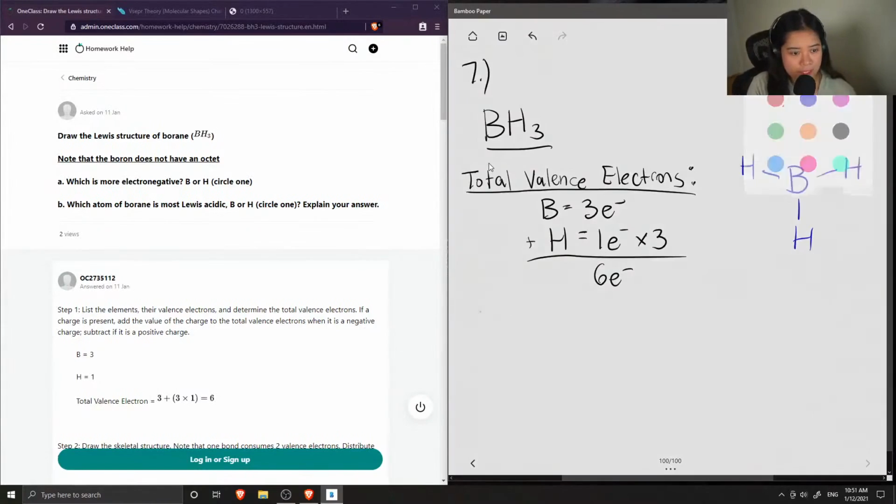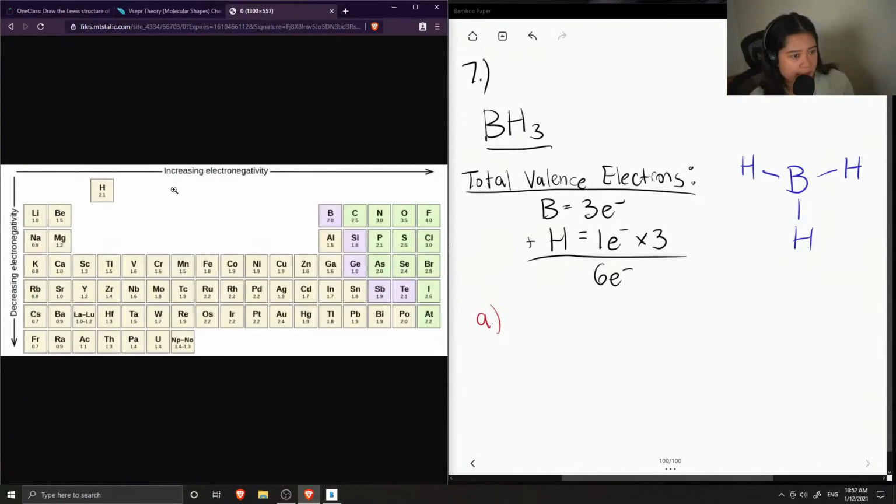So part A asks which is more electronegative, boron or hydrogen. So let's look up the electronegativity values. This periodic table just has all the values, and you can also see the trend where it increases from left to right and decreases when going down the periodic table.